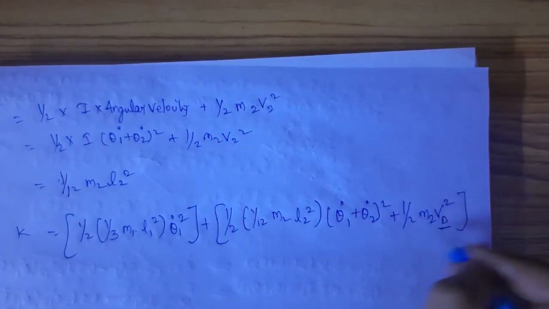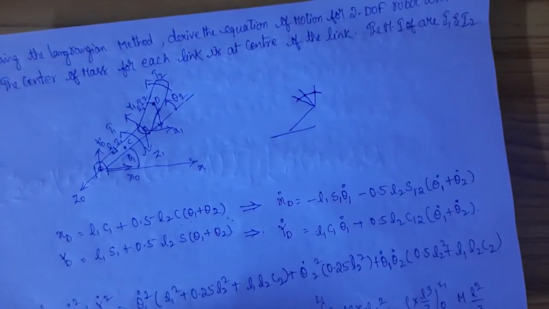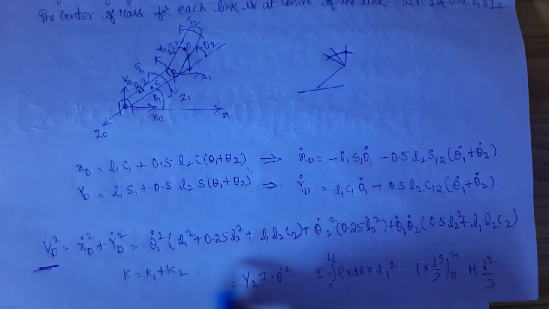We have already got the vd square, so we will be substituting this value in equation 2.